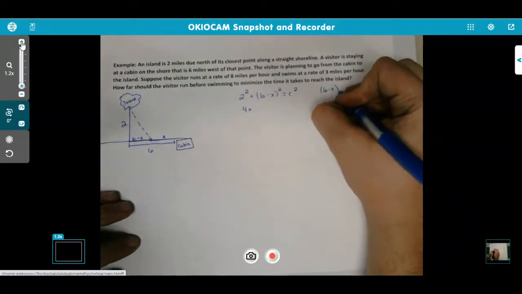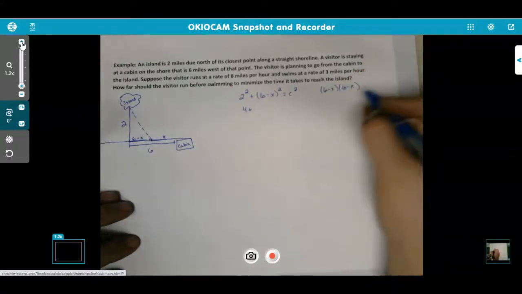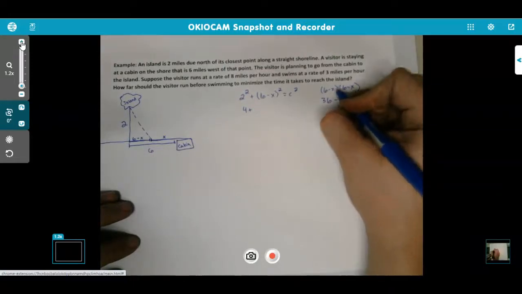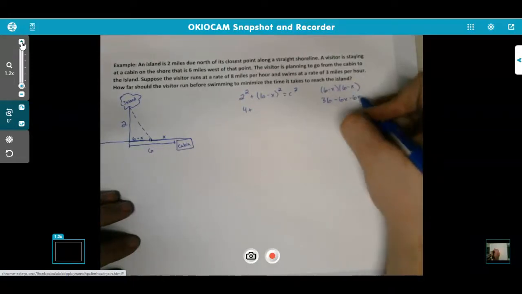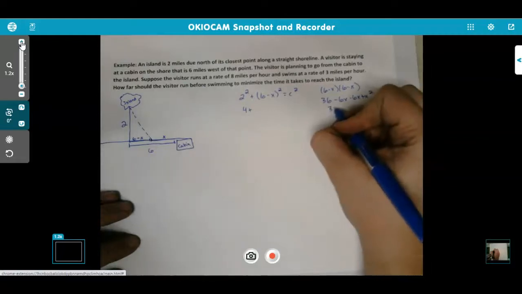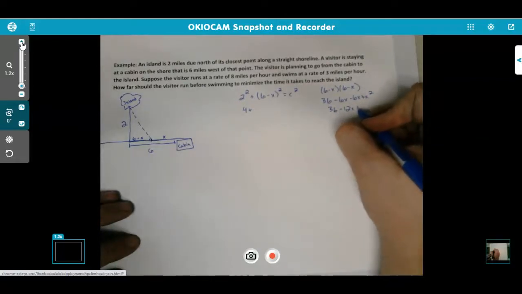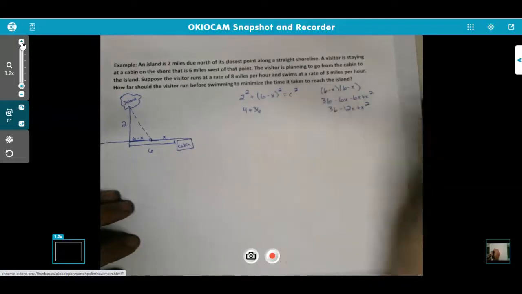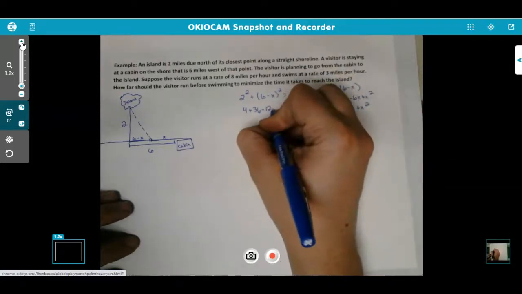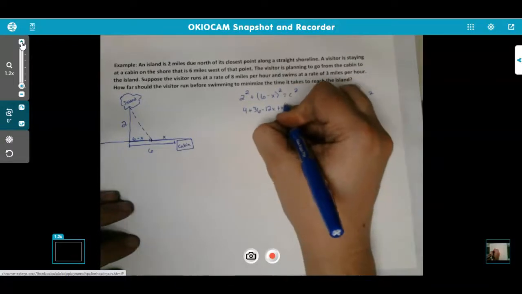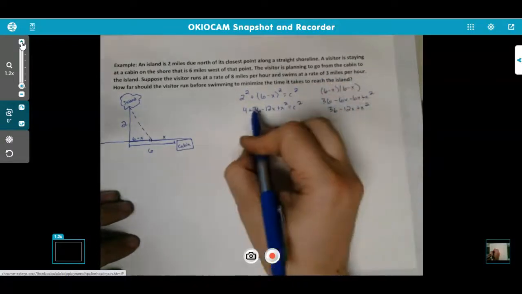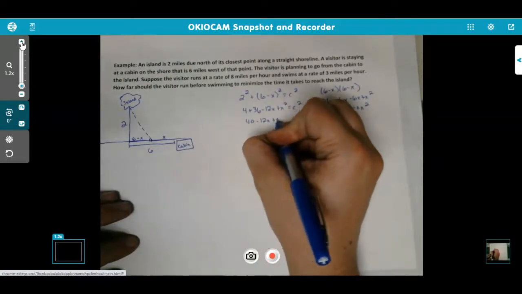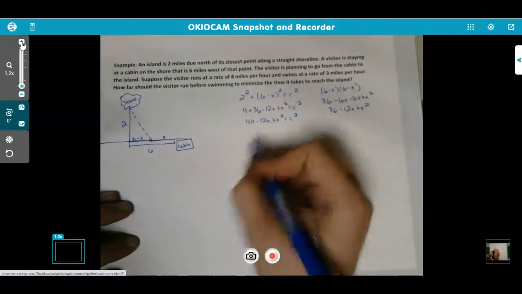You would have to do (6 minus x) times (6 minus x): 6 times 6 is 36, minus 6x minus 6x, plus x squared, so 36 minus 12x plus x squared. Combine like terms, 4 plus 36 is 40. And if I want the side length, I take the square root of that.